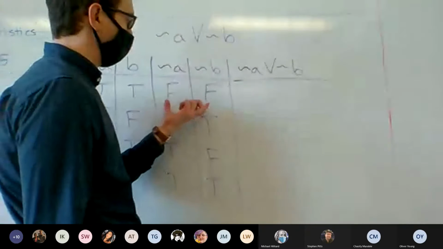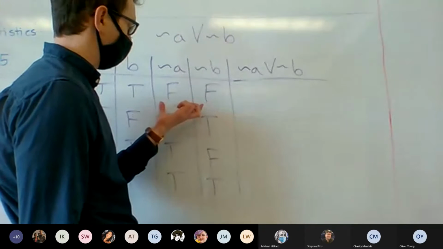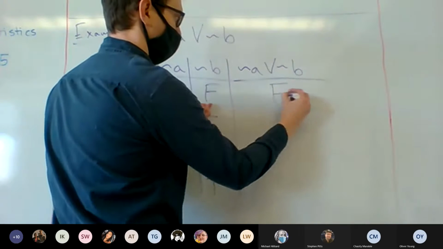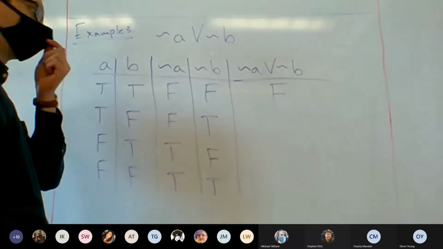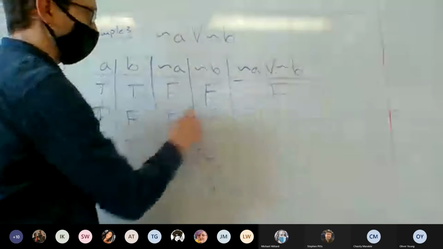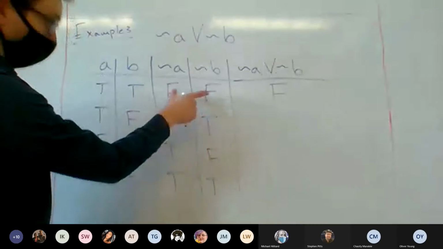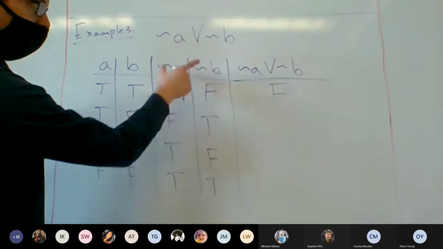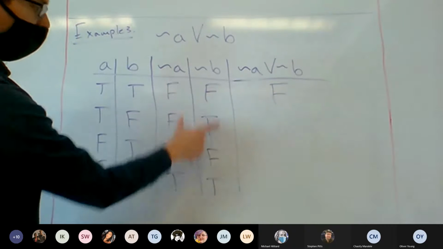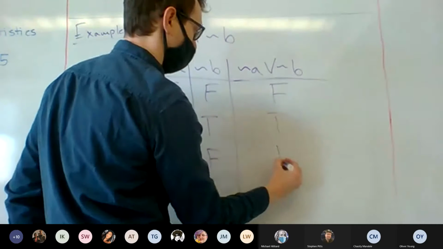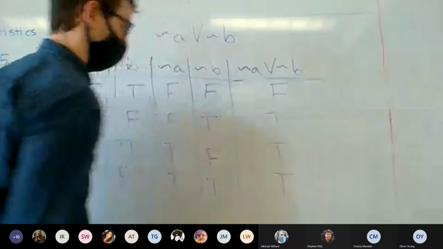Now, for a disjunction it's only false if both pieces are false. So we have the first one being false. The rest of them are going to be true, right? Because a disjunction is only false when both inputs are false. And of course, I'm looking at the third and fourth columns here. There we go.